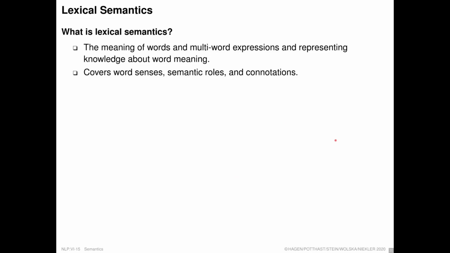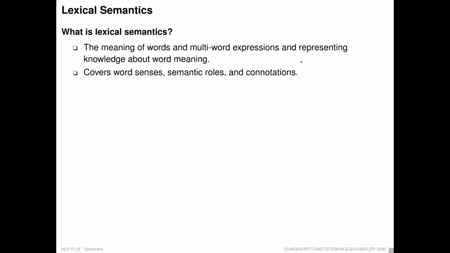Okay, but let's start, in this case, bottom up, and first ask what is lexical semantics and what is the meaning of words. Lexical semantics is basically about meanings of words and meanings of larger structures that are composed of words, but that are not sentences, so-called multi-word expressions. And lexical semantics is about representing knowledge about word meaning, so without context, in isolation, just representing the meanings of words.